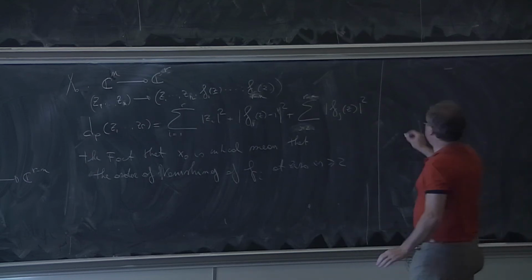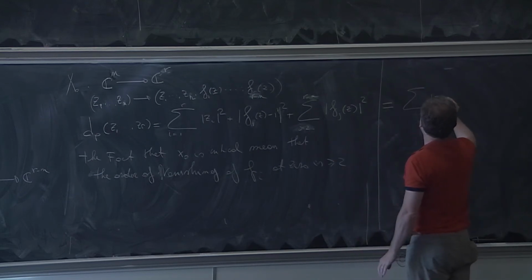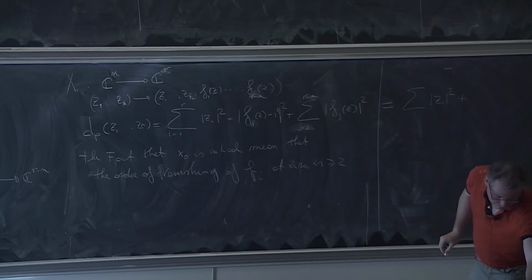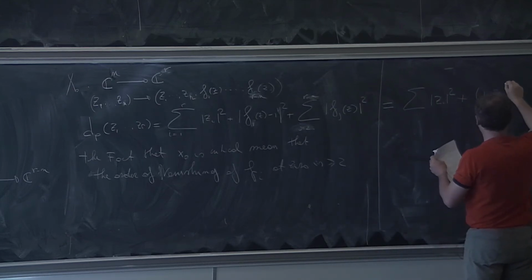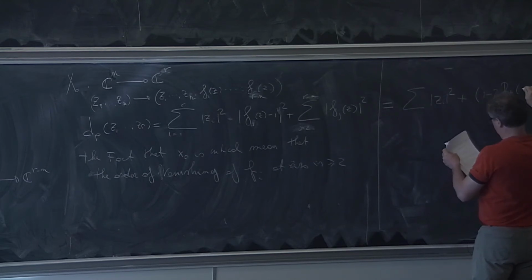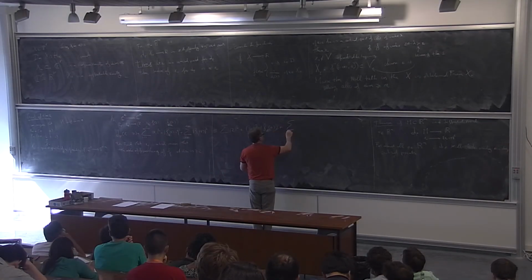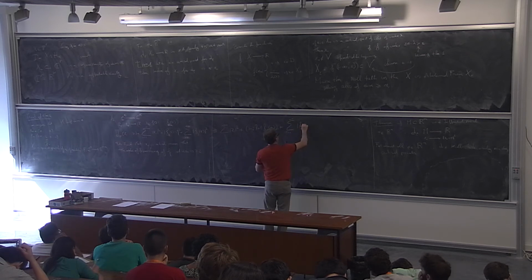And this can be written also as the sum of |zi|^2 plus 1 minus 2 times the real part of Fr plus F1 of z, plus the sum from j to n minus r of |Fj of z|^2.